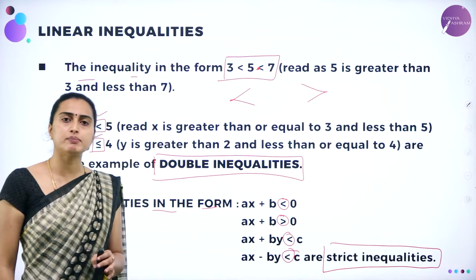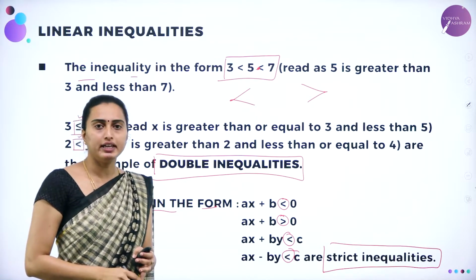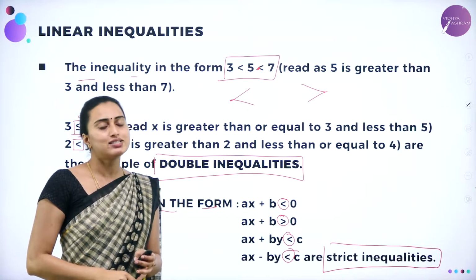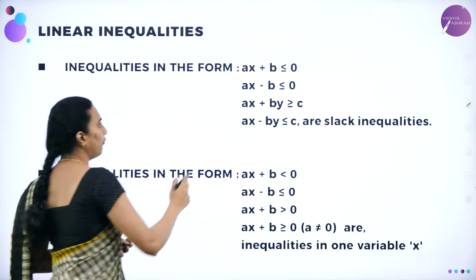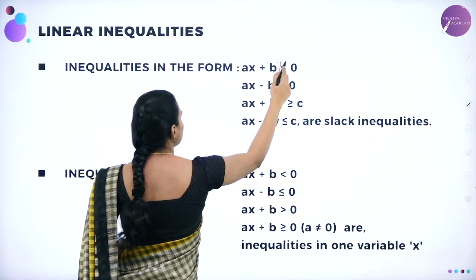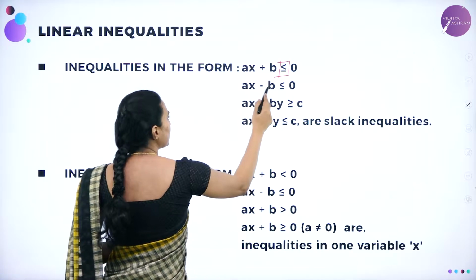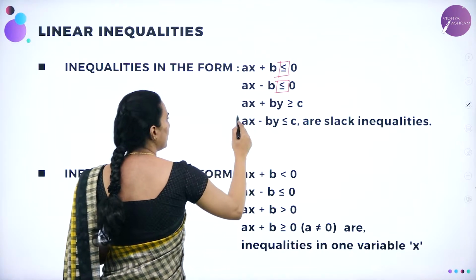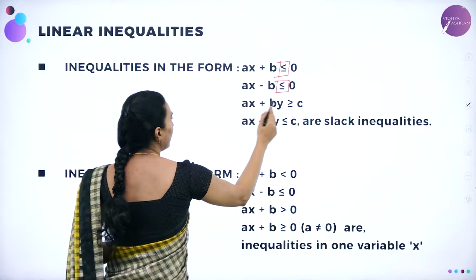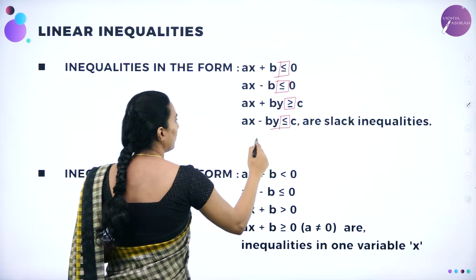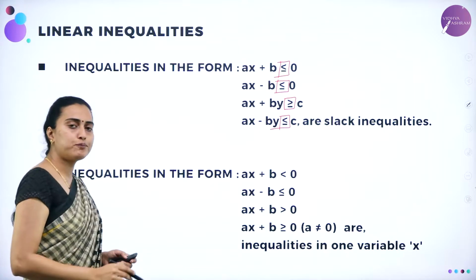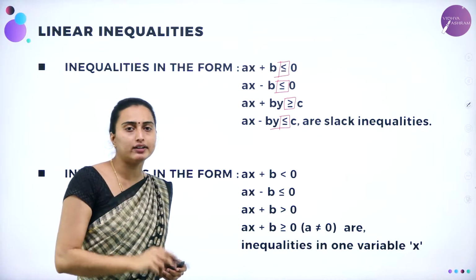If it is having a symbol lesser than, greater than, then it is going to be known as the strict inequalities. Similarly, if it is the inequalities of the form ax plus b lesser than or equal to 0, ax minus b lesser than or equal to 0, ax plus by greater than or equal to c, ax minus by lesser than or equal to c. Dear students, you can observe here lesser than or equal to, greater than or equal to.